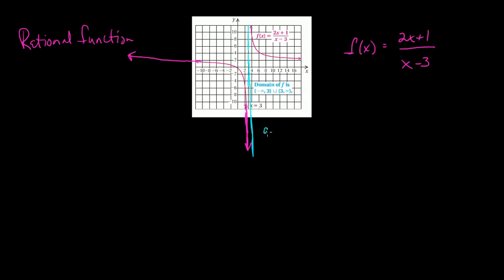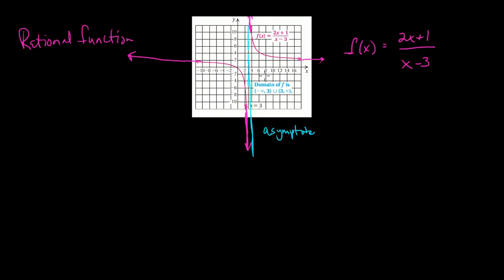This line is called an asymptote. And an asymptote is a line that defines where a curve will approach infinitely. You'll notice here this one is approaching 3 and it's driving up really, really fast. But it'll never cross that line, and then over here it just keeps decreasing slowly.